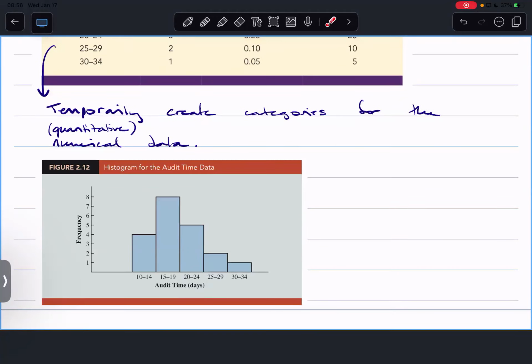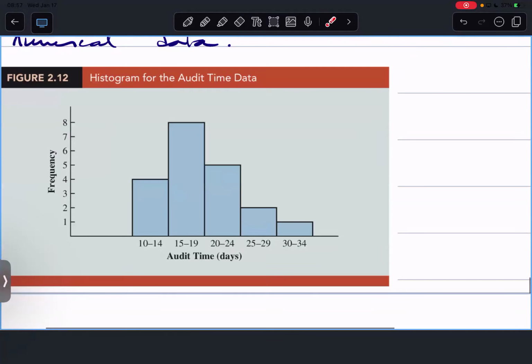What does it do? It shows, so in this case, we're talking about the frequency, which is the raw frequency, right? The count in each bin, right? 10 to 14, 15 to 19. So we've got this continuous scale on the x-axis, and all the observations are placed into bins, and then the frequencies are increasing.